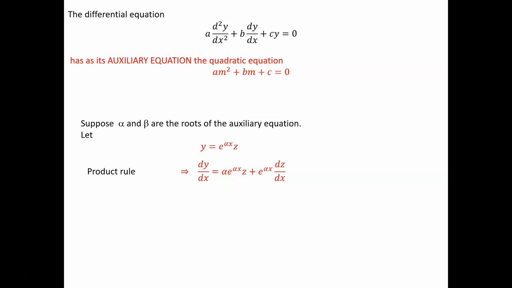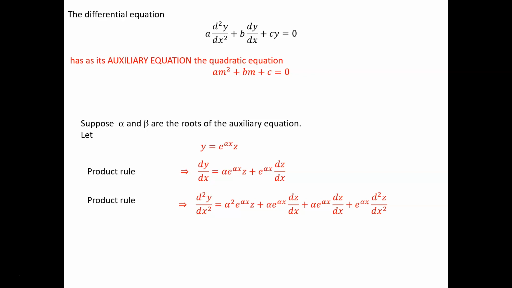Differentiating again using the product rule, we get that d2y/dx squared must first of all be alpha squared e to the alpha x times z plus alpha e to the alpha x times dz/dx.